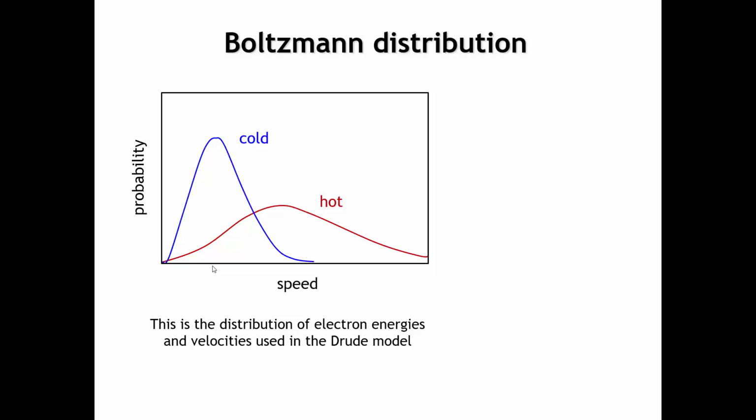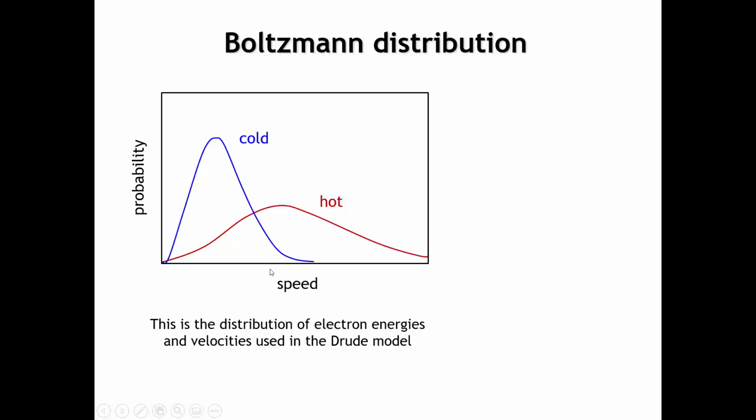And so remember that distribution. Here I've sketched out a couple of distributions of the speed of the electron versus the number of electrons traveling at that speed. When we have a gas that's cold, we'll have a peak at a lower speed.